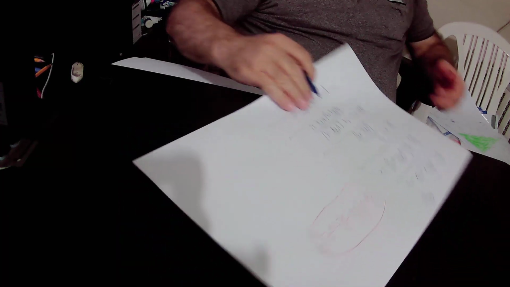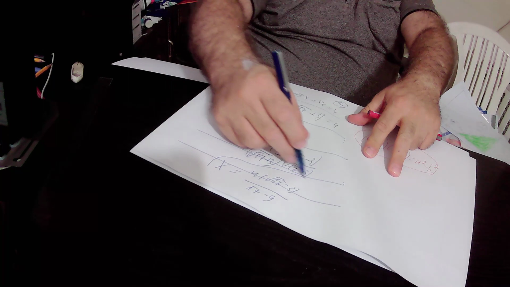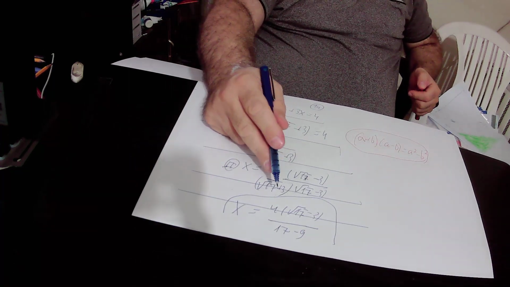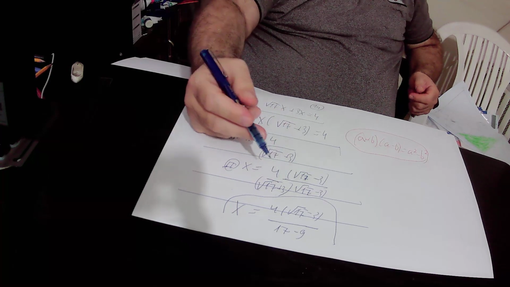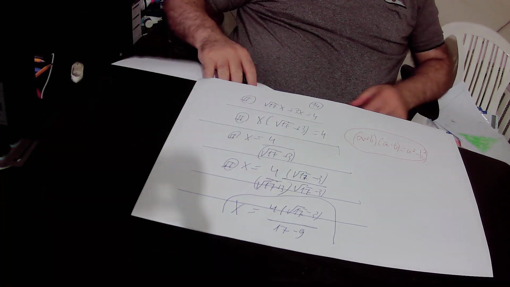So in total, we found out that x equals 4 times (square root of 17 minus 3) over 17 minus 9. 17 minus 9 is 8, so I will write it down.